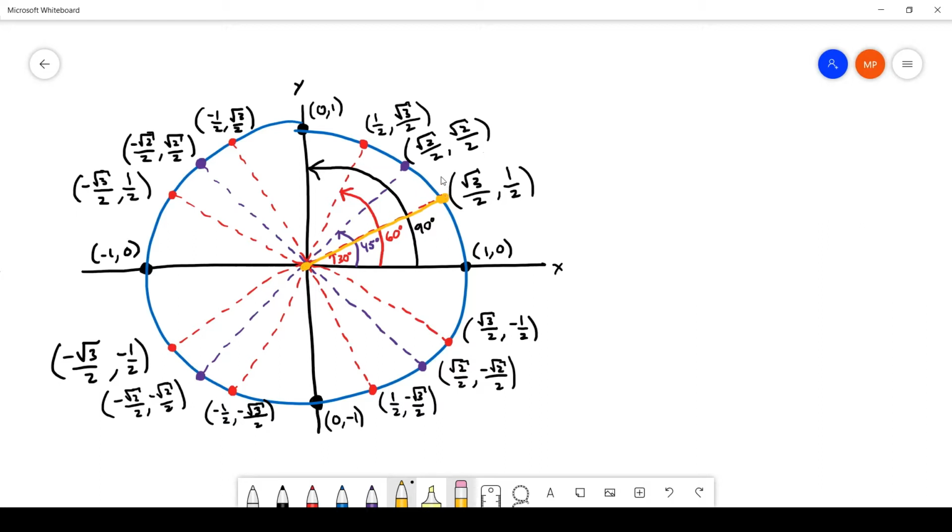And this point gives us two separate lengths. It gives us a length in the x direction, which is the first value within the coordinate point, and it gives us the length in the y direction, and that's the second value.